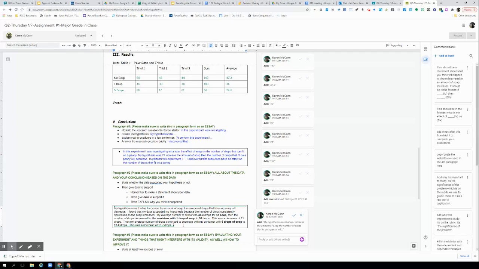So the last thing is, I also want to include that I want to look at all my trials. Did all my trials agree? So trial 1 decreased as the amount of soap increased. Trial 2 decreased as the amount of soap increased. And trial 3 also followed the pattern. So each of my trials also followed the pattern.